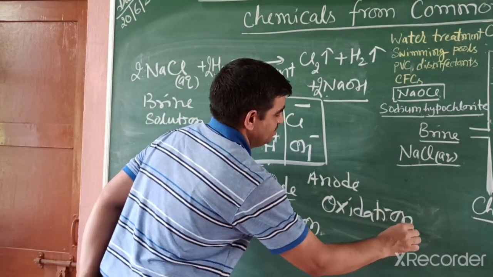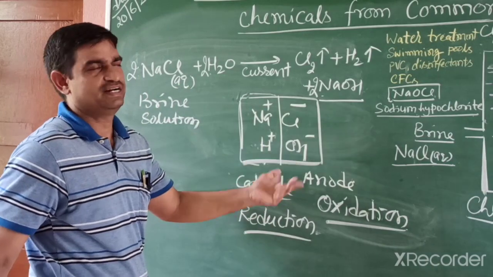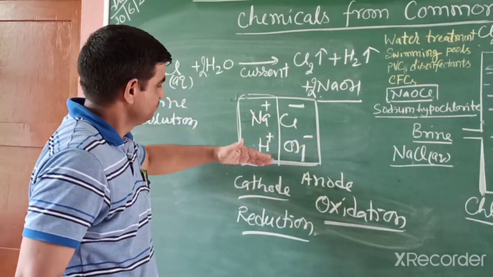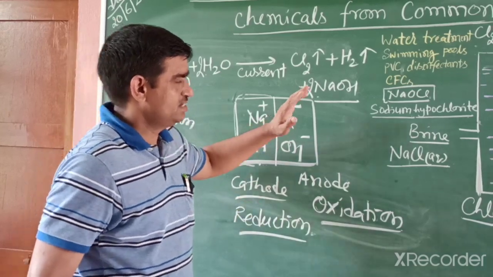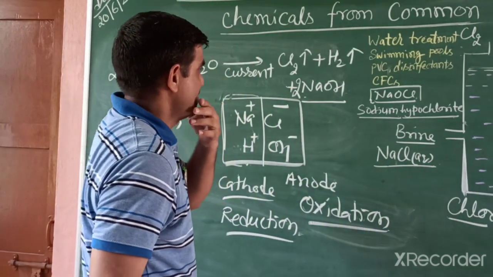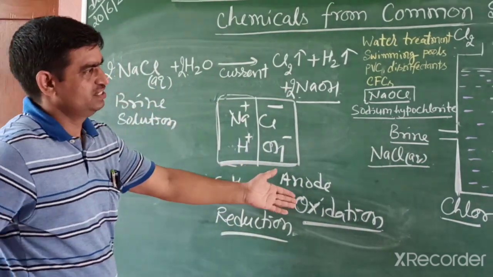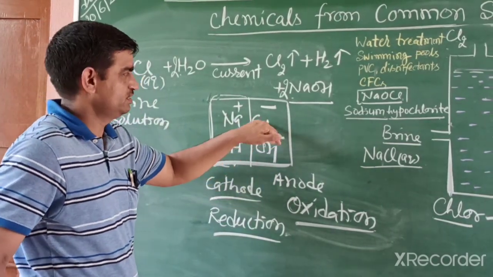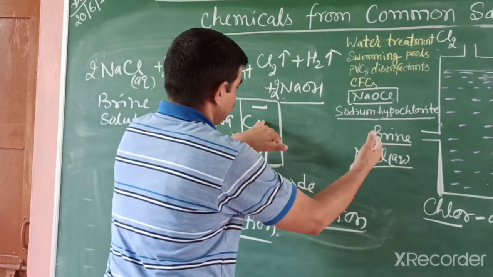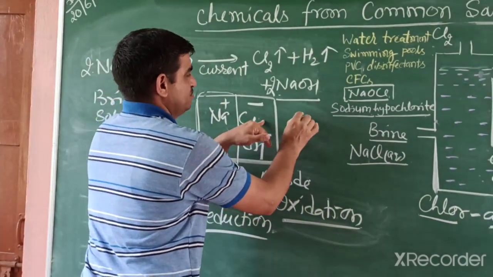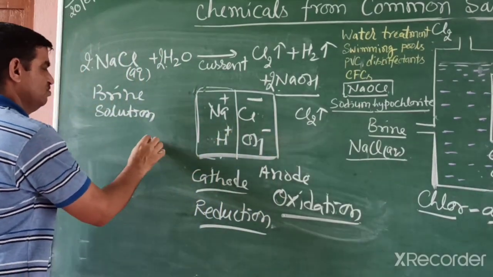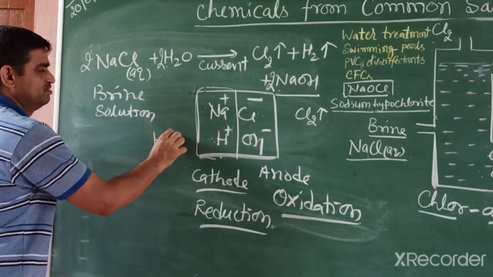The cathode is reduction and the anode is oxidation. There are two different electrodes, so two different reactions occur. One is oxidation, the other reduction. At the anode an oxidation reaction occurs, where chlorine loses the electron and chlorine gas is released. At the cathode hydrogen gains the electron and hydrogen gas is released.